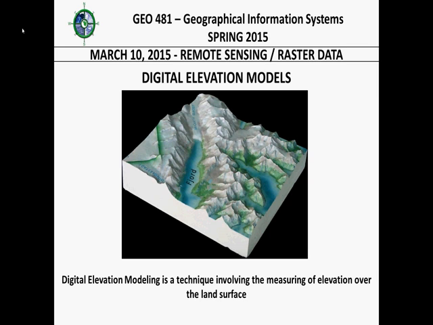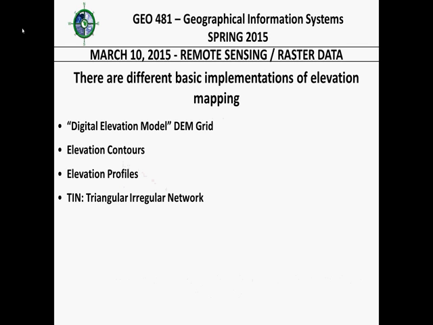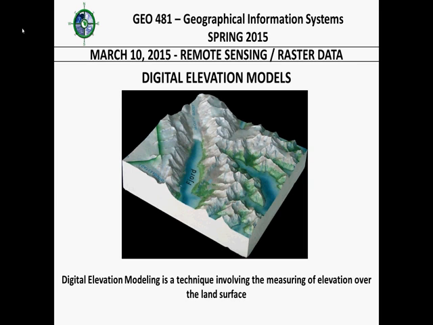Digital elevation modeling is a technique involving measuring elevation of the land surface. It's a fancy definition of a DEM. Basically, a DEM is a raster that represents elevations on the surface of the Earth. Actually, when I refer to digital elevation model here, I'm being more generic than that.